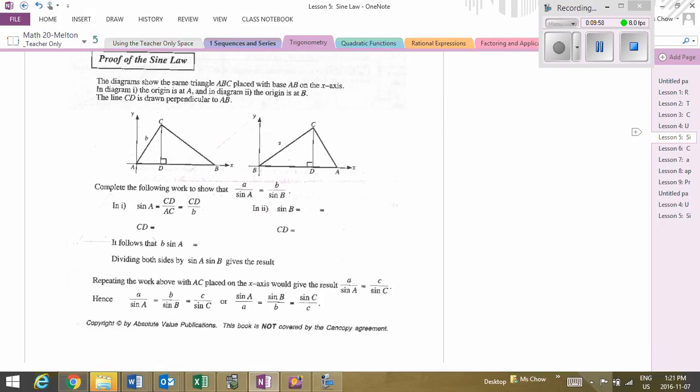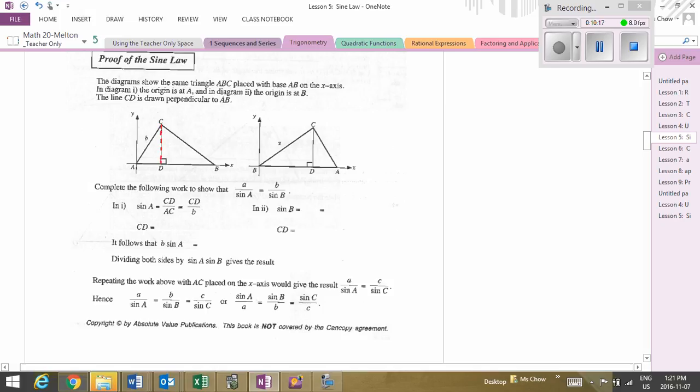So the proof of the sine law is, if we take that same triangle, triangle ABC, we recognize that if we go back to the idea of having that height or that altitude in there that we're going to use to find it.